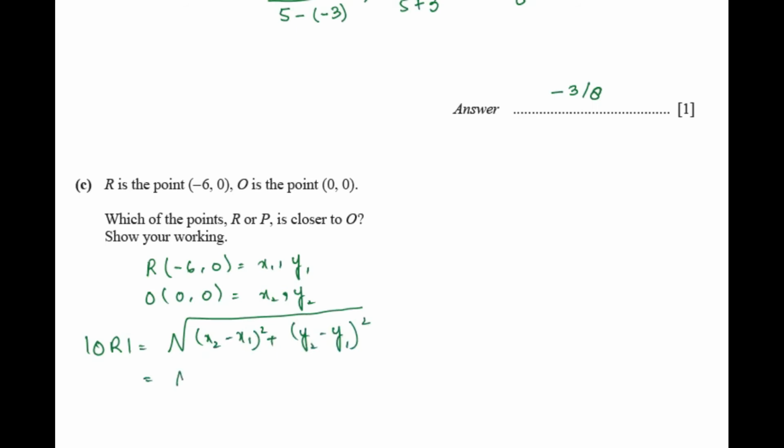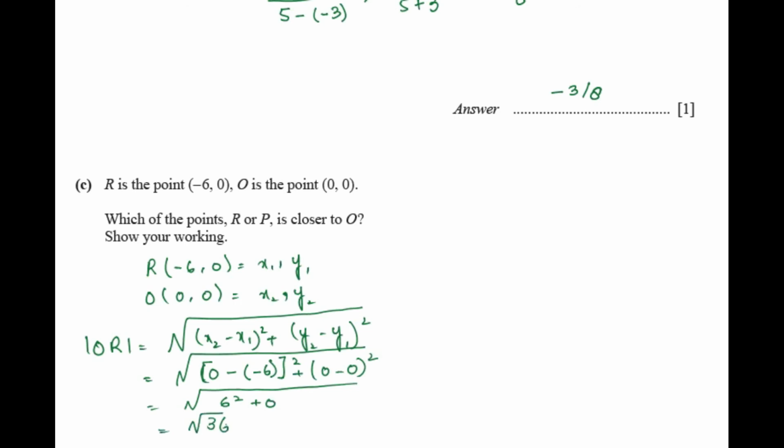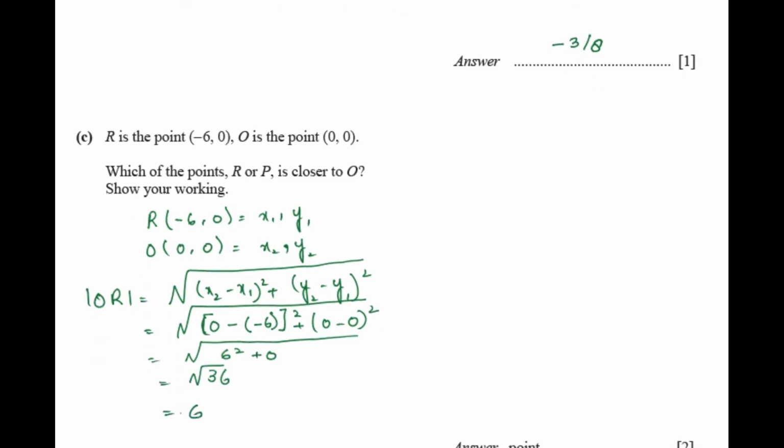Substituting: 0 minus (-6) whole square, plus 0 minus 0 whole square. Now 0 minus minus 6 is plus 6. So it's 6 square plus 0. The square of 6 is 36, and the square root of 36 is 6. So the length of OR is 6.